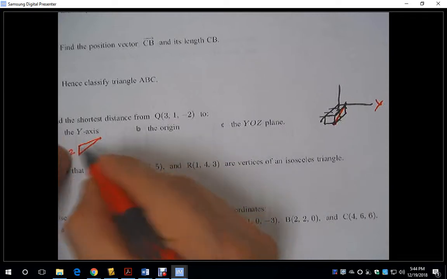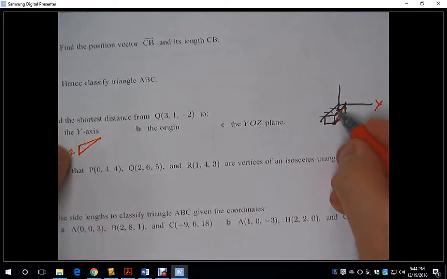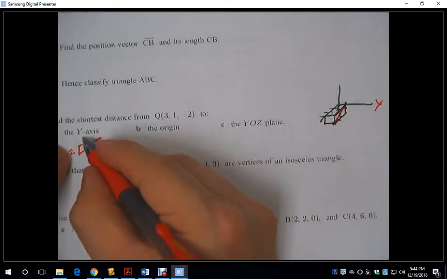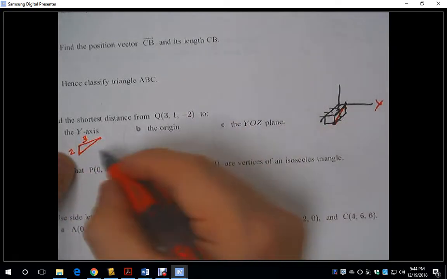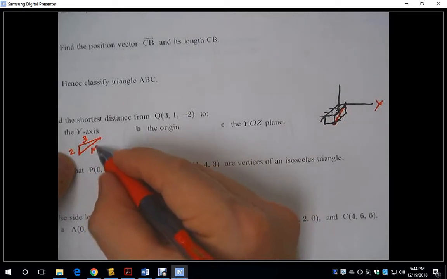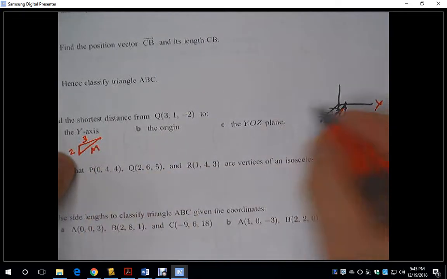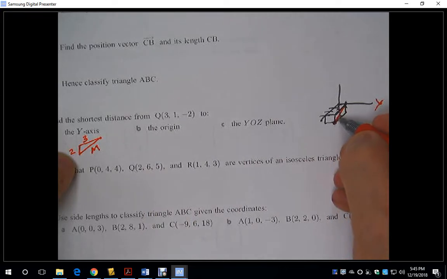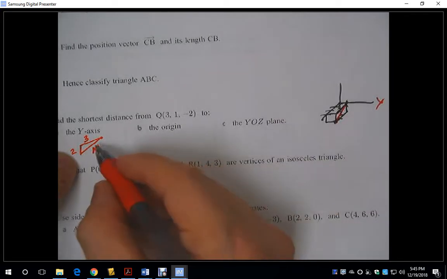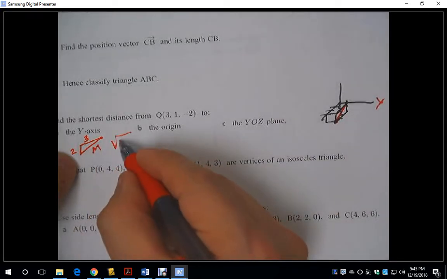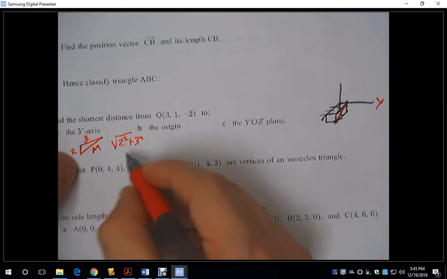That's 2, and this distance here is 3. We're trying to find this, I'll just call it the magnitude, but we're not talking about vectors. The shortest distance to this line is just going to be the square root of 2 squared plus 3 squared. You can figure that out.